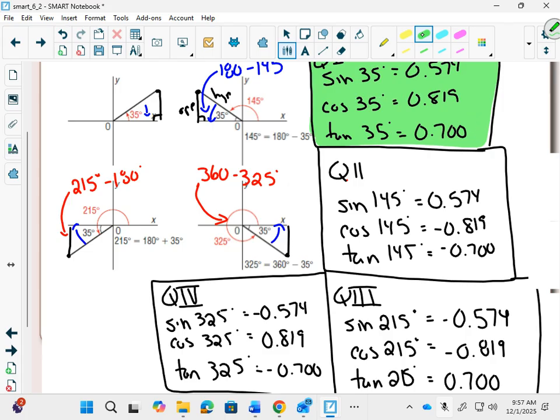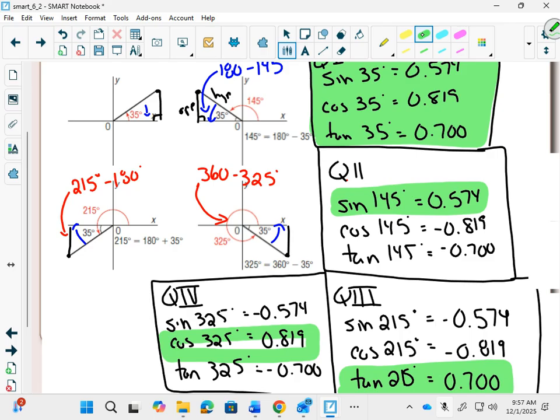But in quadrant 2, only sine was positive. In quadrant 3, only tangent was positive. In quadrant 4, only cos was positive.